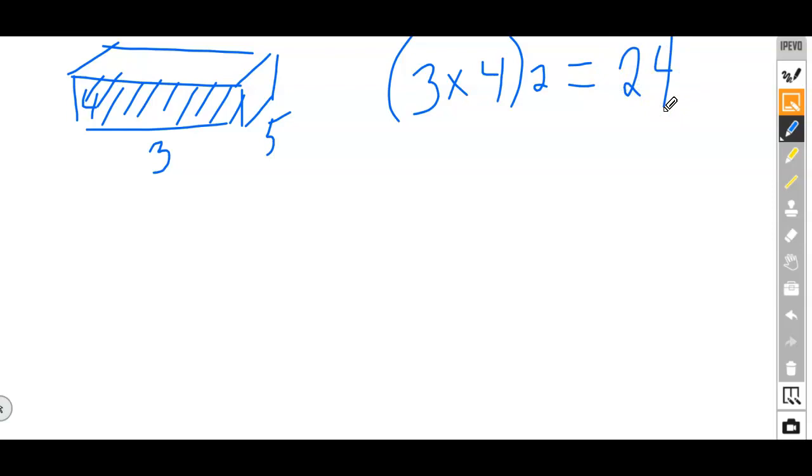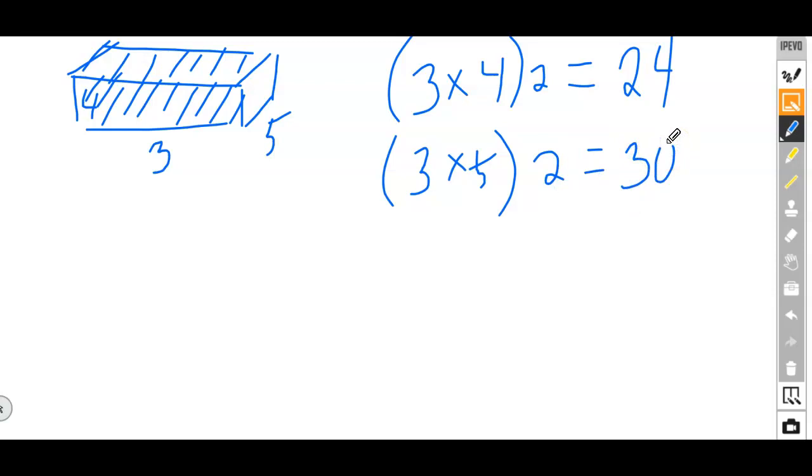We got the front and the back taken care of. Aubrey? 3 times 5, which would be the dimensions of the top and bottom. So we'll take that times 2. And that's 30. Now, what else?